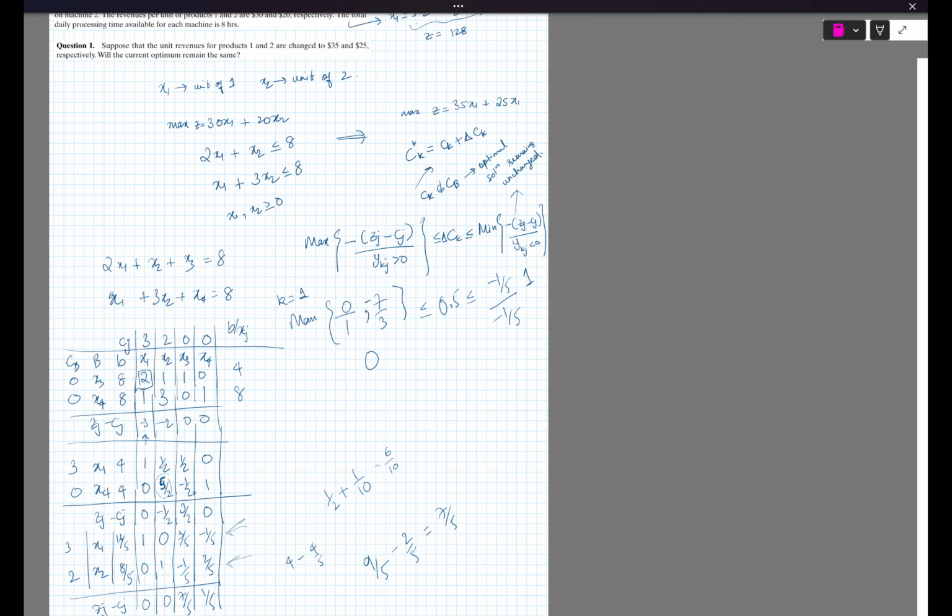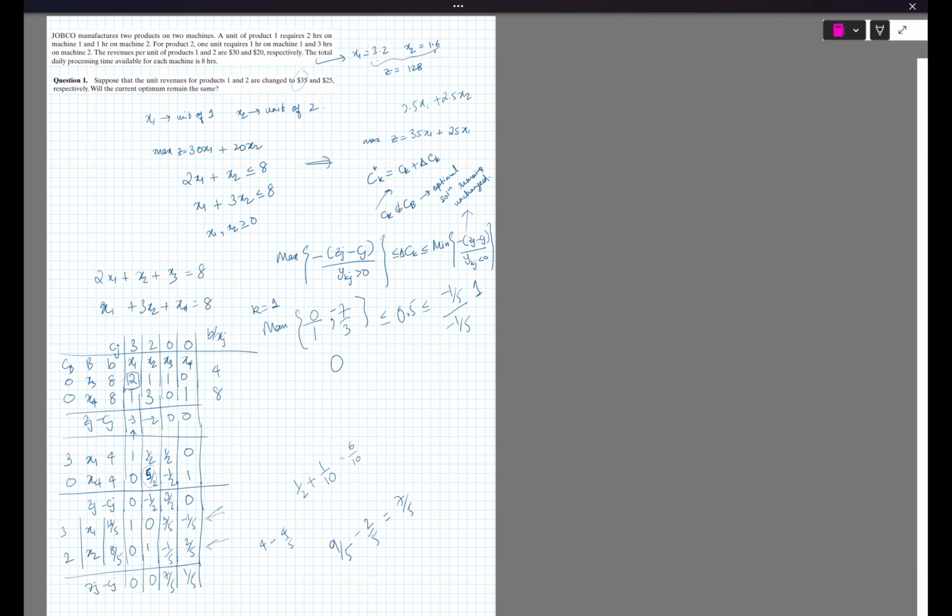Delta C1 is 0.5. When I was doing the simplex, instead of putting 30 and 20, I put 3, 2. So this is like 3.5 x1 plus 2.5 x2, or $35, $25. It doesn't change the answer. Okay, fine.